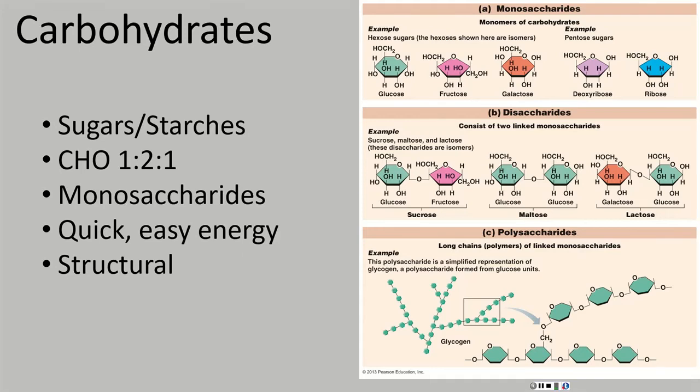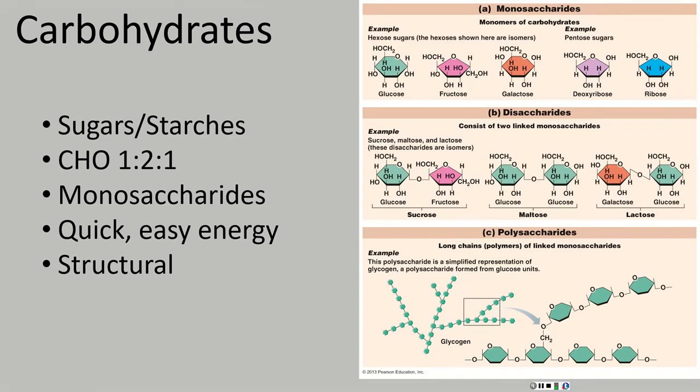Now, normally when we draw carbohydrates, we're going to see ring structures like we see here and down here. So these rings represent the shape of the molecule. And when we're talking about carbohydrates, they are going to follow that polymer-monomer structure that we talked about.